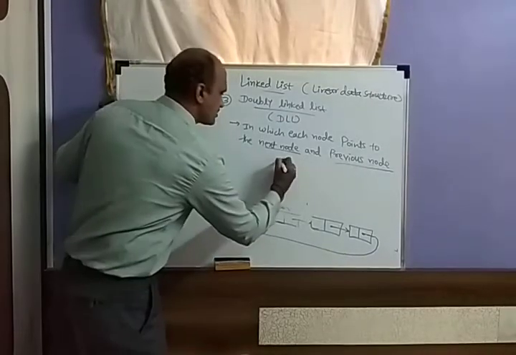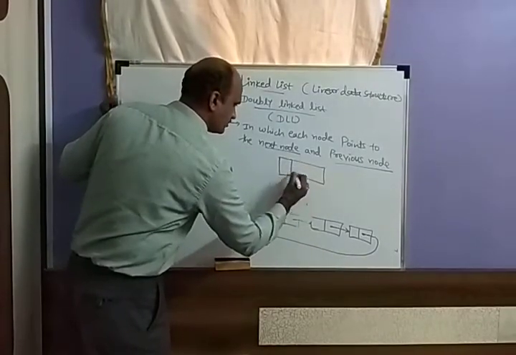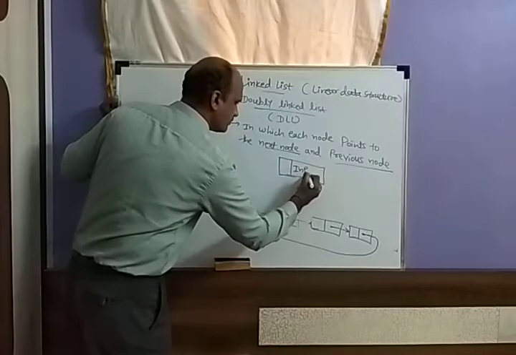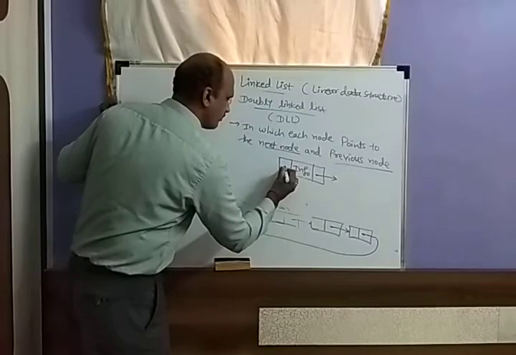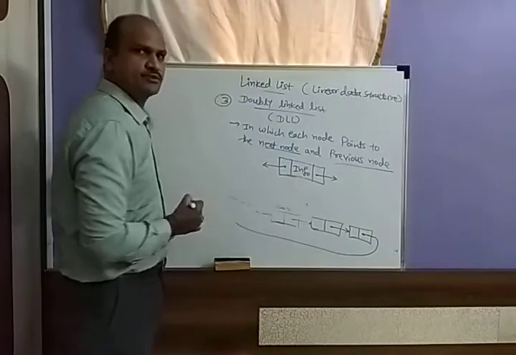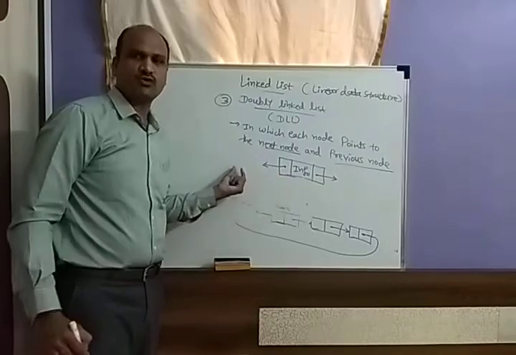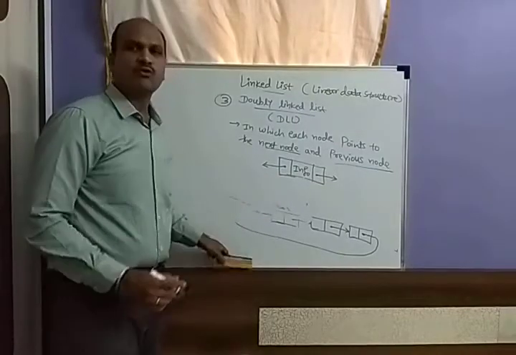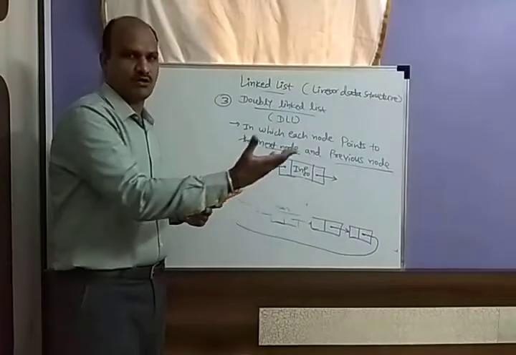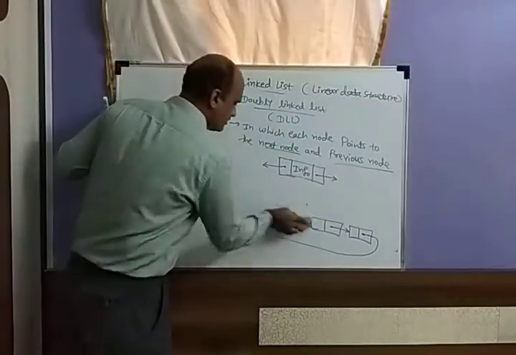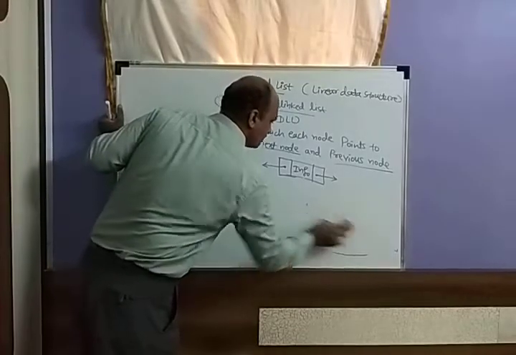It is like this. This is the information, and there are two links, one for this node and one for another node. That is your doubly linked list. One we call back, another we call front or forward, and another we call information, which is the element.